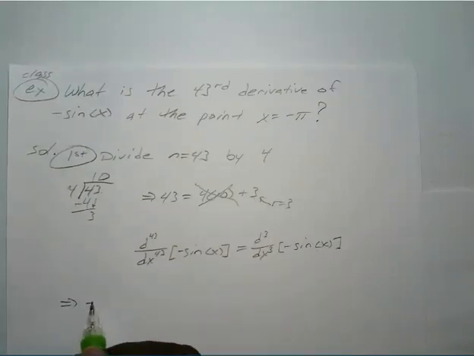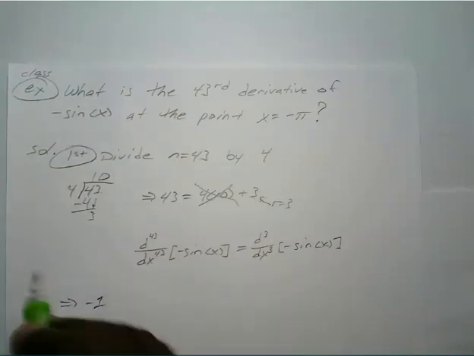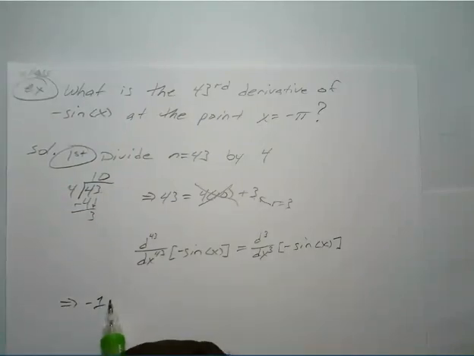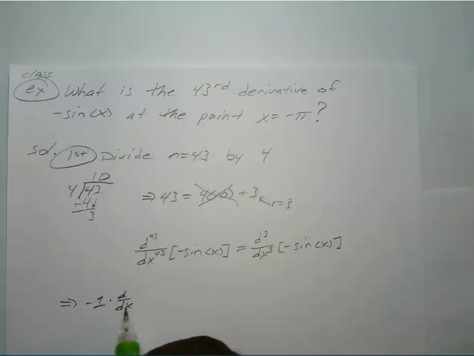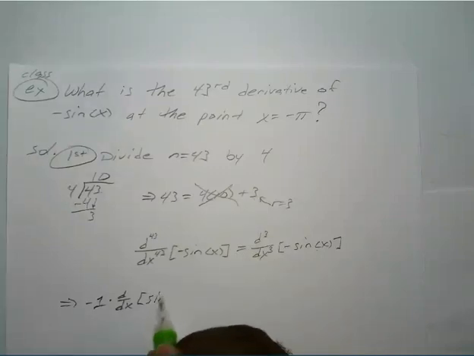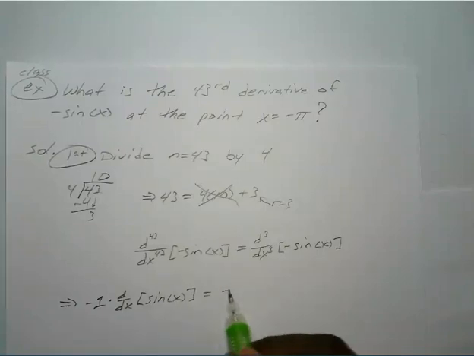Okay, so for negative sine of x, the first derivative, you just take the negative and pull it out, so I have negative 1 times the derivative of sine of x, which is cosine of x.